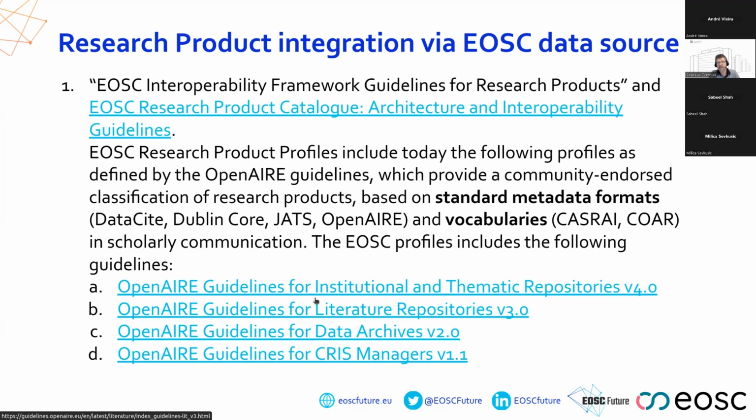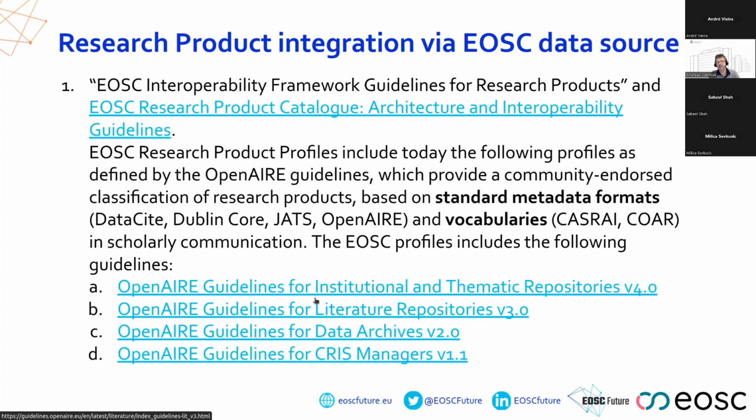The third one is the OpenAIRE guidelines for data archives, version 2, which is based on the DataCite schema, but uses identifiers beyond DOIs and also uses the importance of vocabularies.